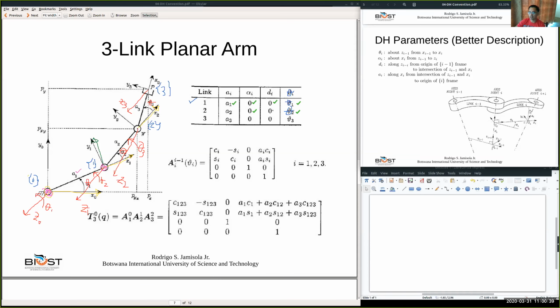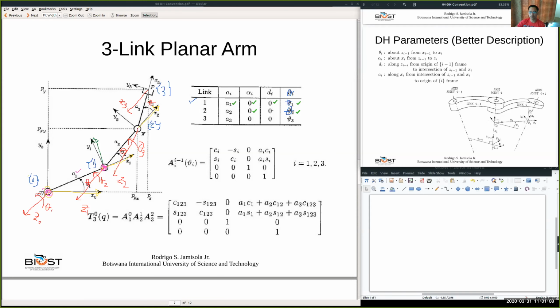So X1 and X2 and Z1 intersection, that is the 1. So origin of frame 1, this is also that one. Okay. So along Z1 from origin of frame 1 to intersection of Z1 and X2, the point of intersection is coincident with the origin of frame 1. And so your D1 is 0.